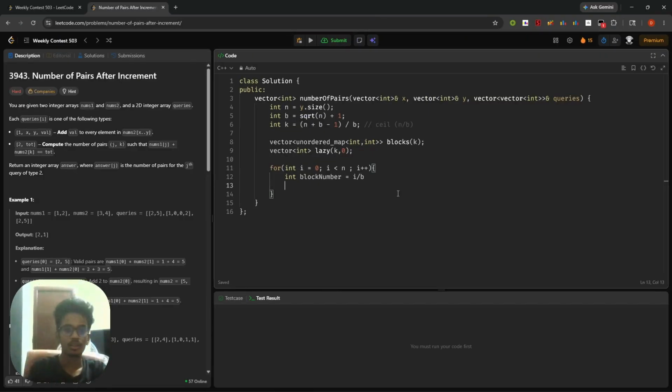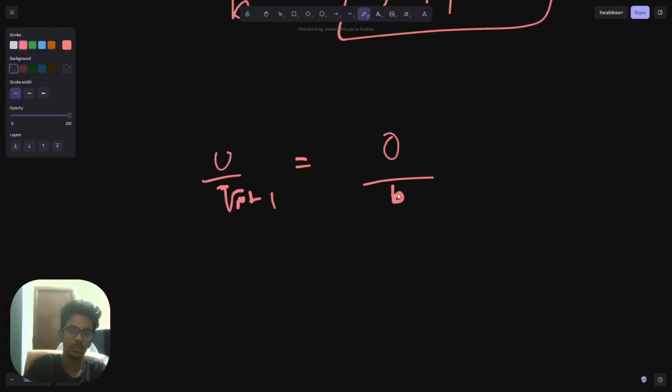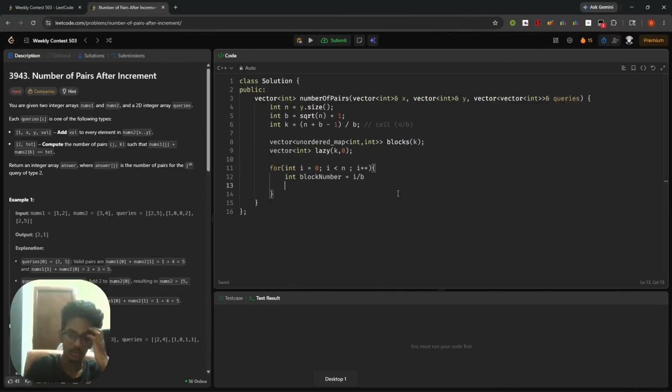Fine. Sometimes I get confused because explaining implementations is not that easy, but yeah, we'll implement it. Block number is equal to I by b, and I need to update the frequency of this number in this particular block, which is y of I plus plus.